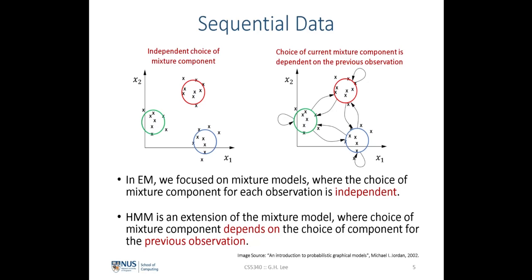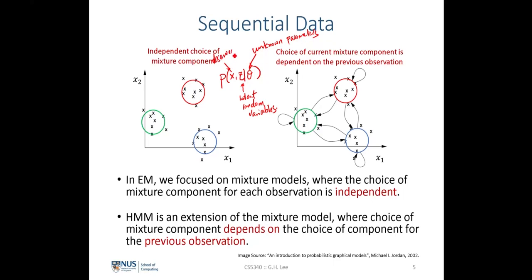Recall that in last week's lecture, we mentioned that we are interested in finding the maximum likelihood of this joint probability distribution of X, Z, as well as theta, where this joint probability distribution consists of a set of latent random variables, which are unobserved random variables, as well as the unknown parameters. And of course, we are also given a set of observations.